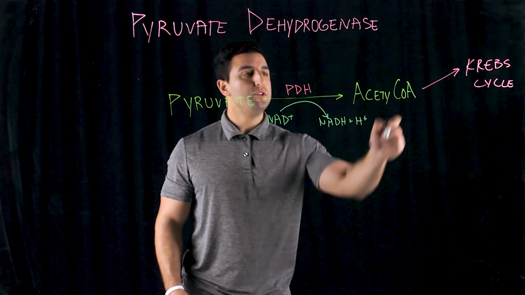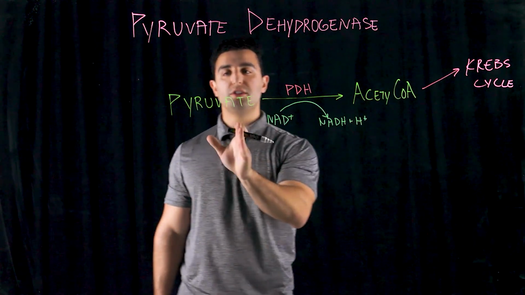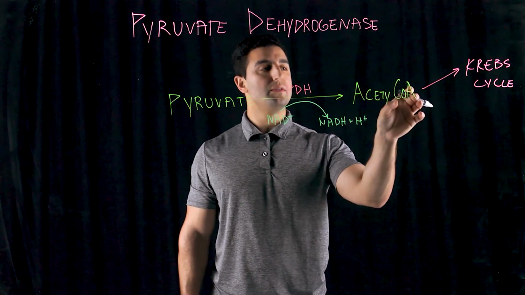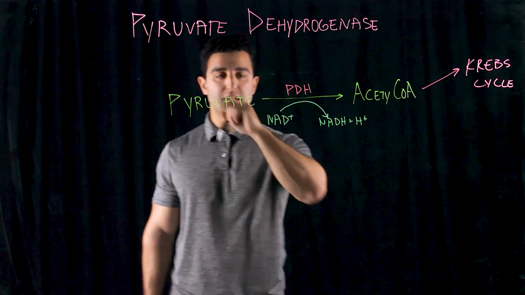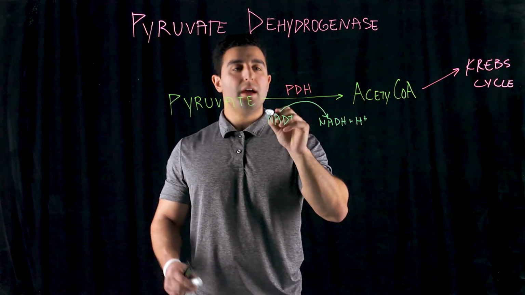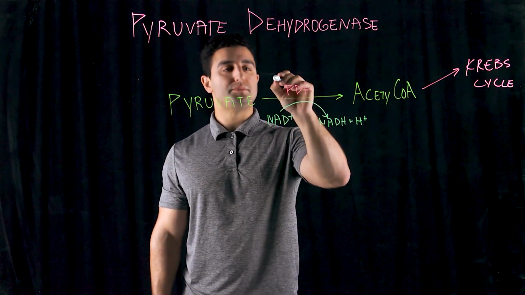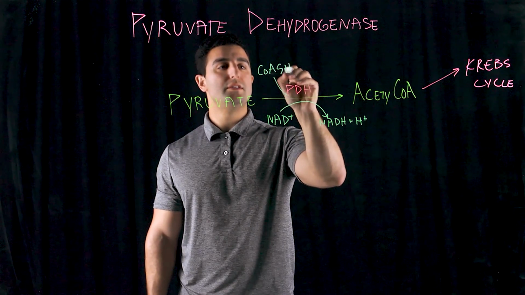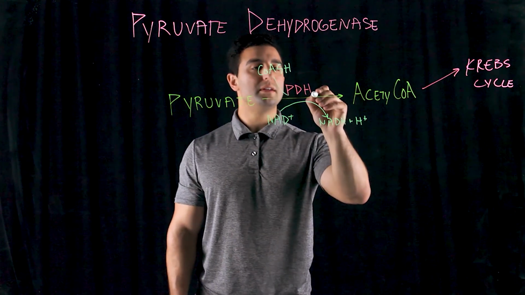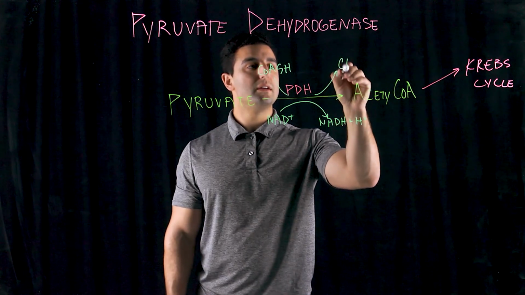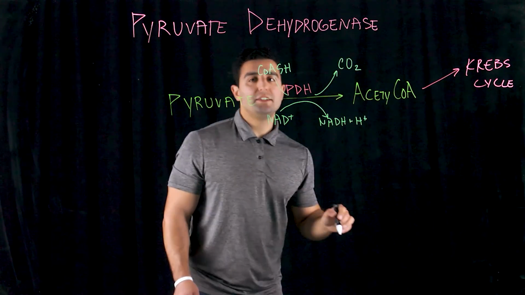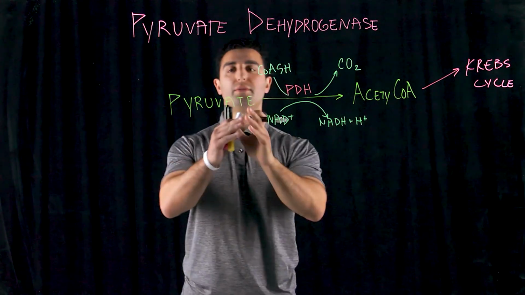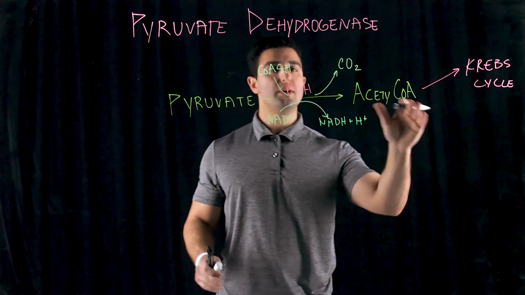You notice in this molecule the oxidation of the pyruvate takes place, and you also see that a CoA group is added. Coenzyme A, SH, comes in and binds to this pyruvate while releasing carbon dioxide. So this is the basic phenomenon of converting pyruvate into acetyl-CoA.